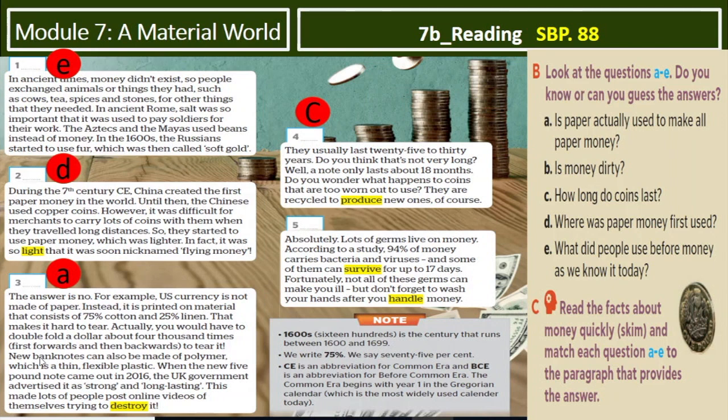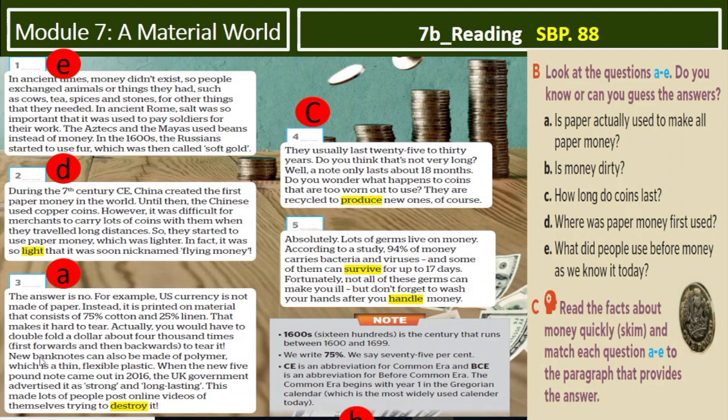The heading of paragraph number 3 is, how long do coins last? The period of time in which a coin lasts. Okay, they usually last 25 to 30 years, as it is mentioned in the 4th paragraph.